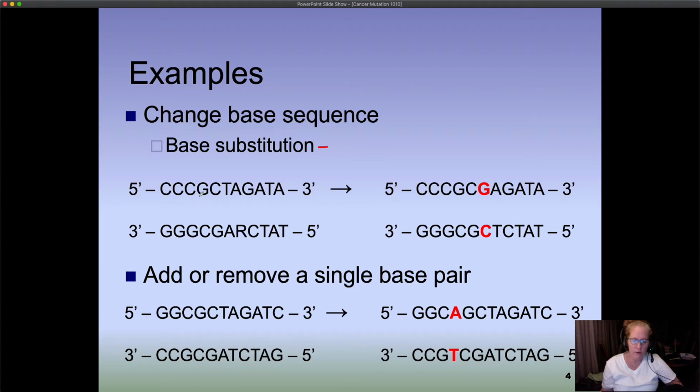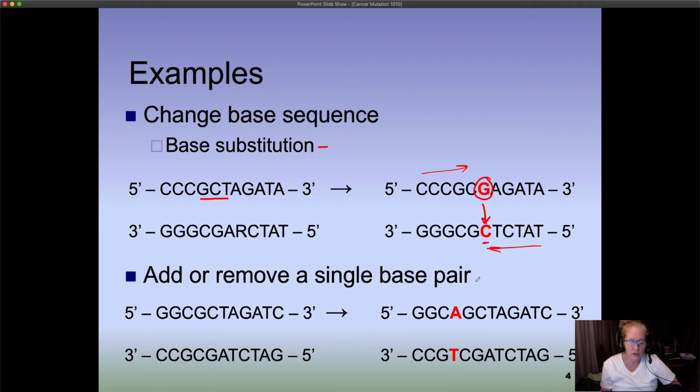You can see here that our second codon should read GCT, but because there's a base substitution, the T got changed to a G. This is going to cause its complementary base to change from a G to a C. So we have this kind of change here in the base, from an A to a C. Regardless of which strand the gene is on, whether it's running this way or that way, we have a base substitution here that has changed the actual sequence. This should be GCT, and it's now GCG.